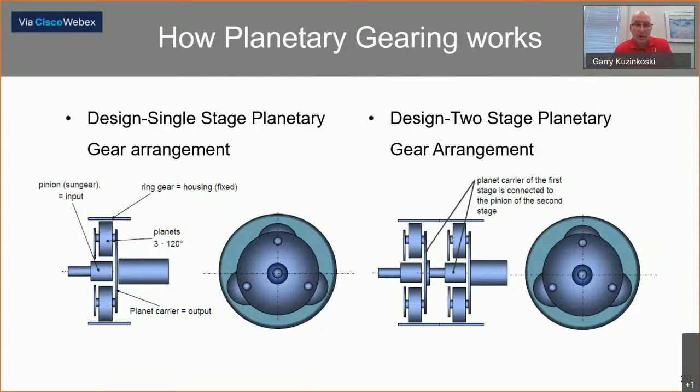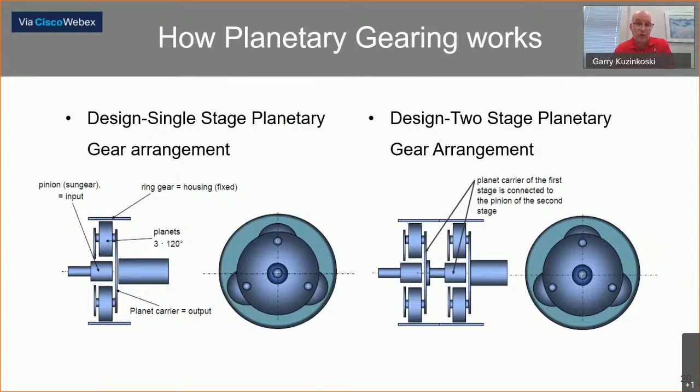It's making contact with 3 other planets that all rotate around a fixed housing which has the ring gear in it. So as I spin in, I say, a clockwise fashion, the sun gear or the pinion input, that planet carrier will rotate at the ratio that the gearbox was designed for.